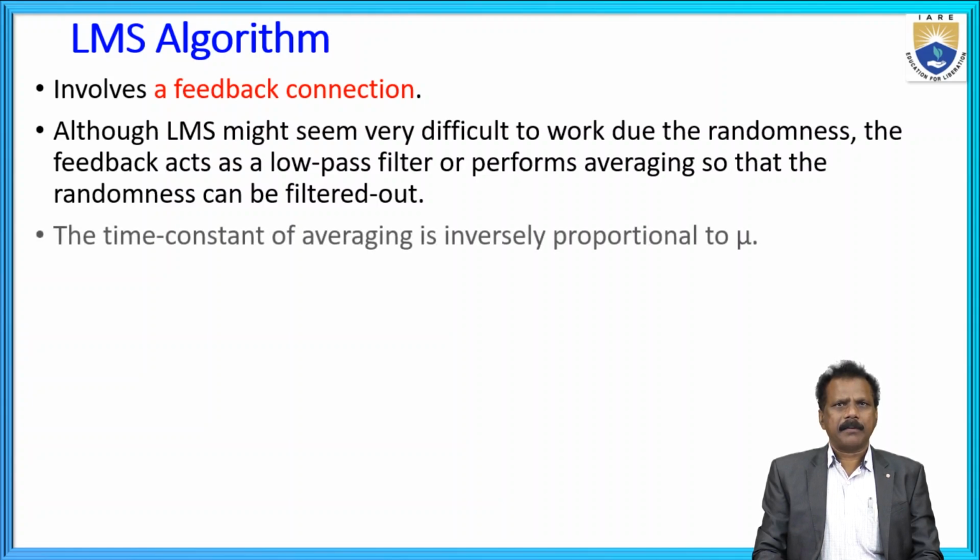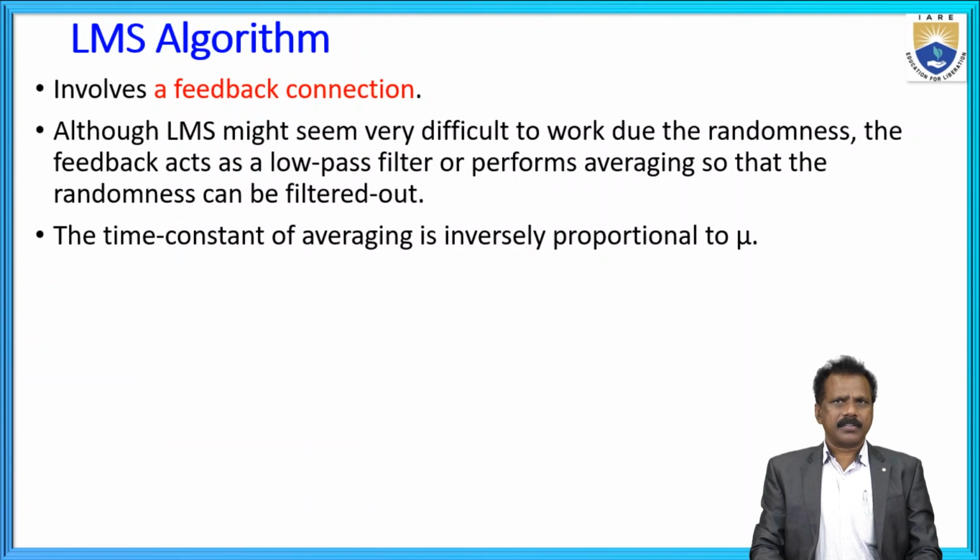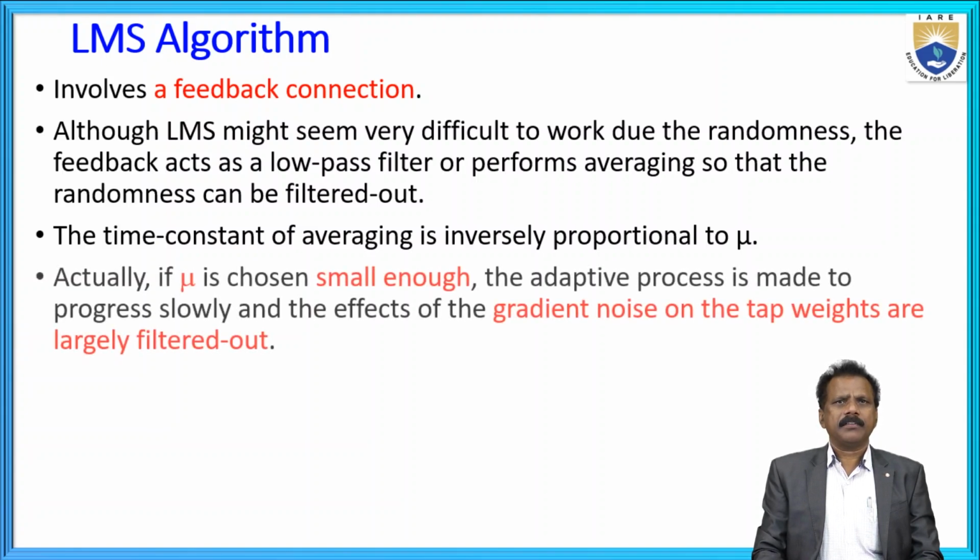The time constant of the averaging is inversely proportional to mu. If mu is chosen small enough, the adaptive process is made to progress slowly. This is one aspect, and the effects of the gradient noise on the tap weights are largely filtered out.